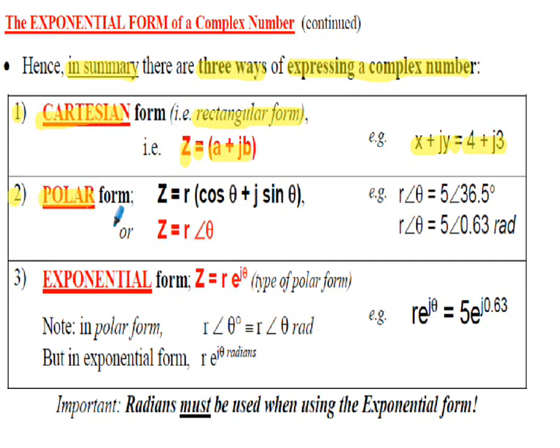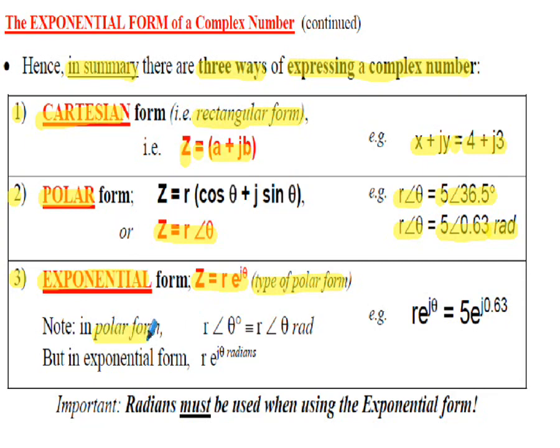Secondly, in polar form, where z is equal to r argument theta. So for example, r argument theta could equal 5 argument 36.5 degrees, or 5 argument 0.63, and that would be radians. And thirdly, in exponential form, z is equal to r e to the j theta. It's a type of polar form.